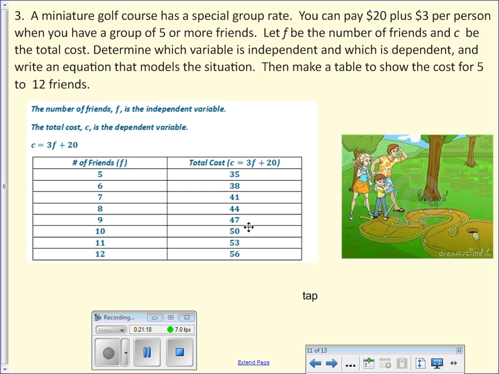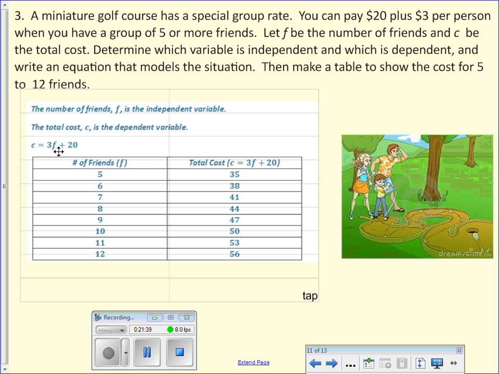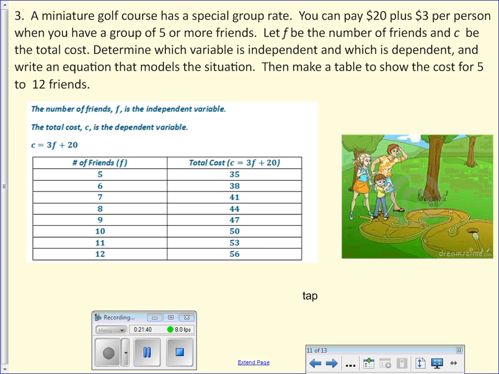So the number of friends is your independent variable. The cost is the dependent variable. So it's $3 per friend plus the $20 fee. If you did 20 plus 3F, you needed your equation, so let's add that in. If you did 20 plus 3F, that's okay too. And then that's what your table should look like.